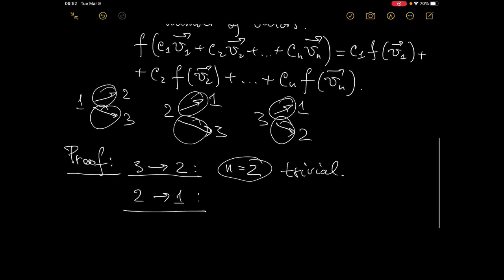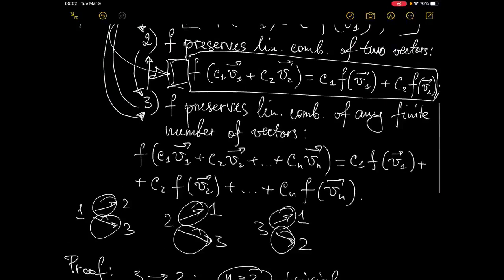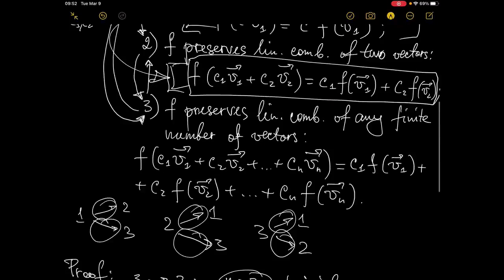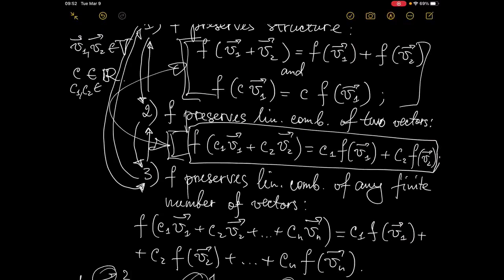Okay, right. If I consider c1 equals 1 and c2 equals 1, then statement 2 becomes nothing else but that. Is it clear or not?